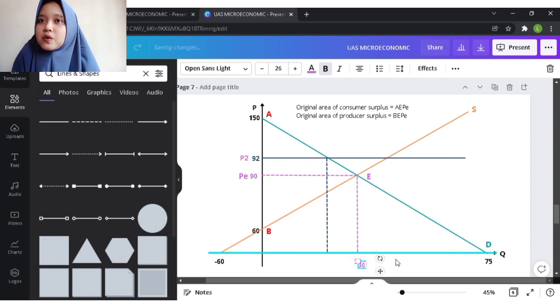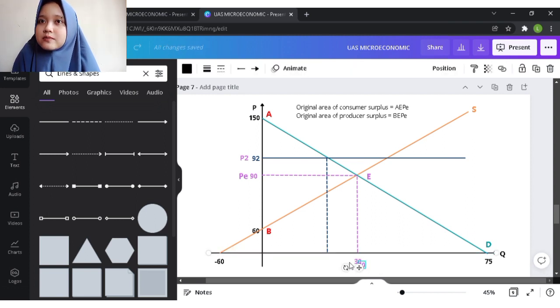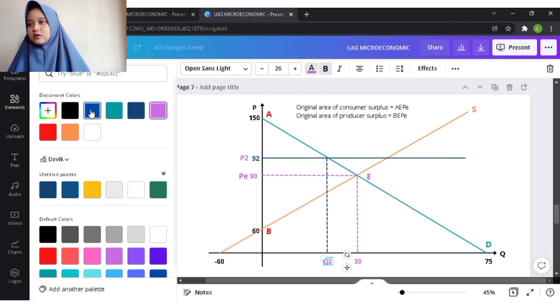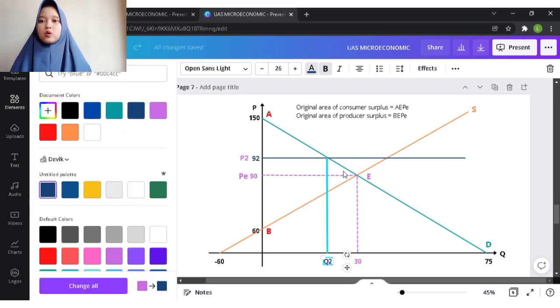So it will change. So we can give the name of the quantity, new quantity, as Q2.